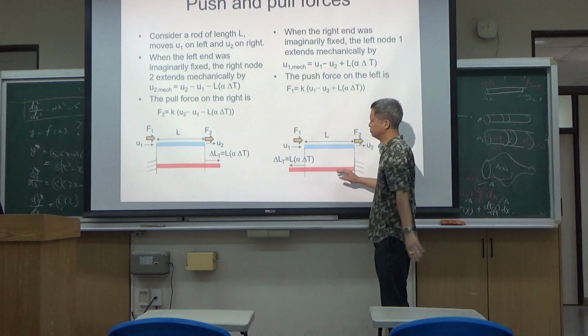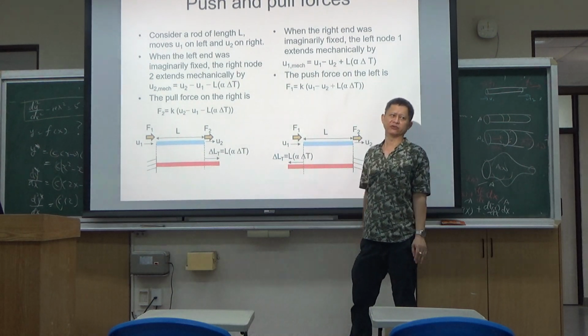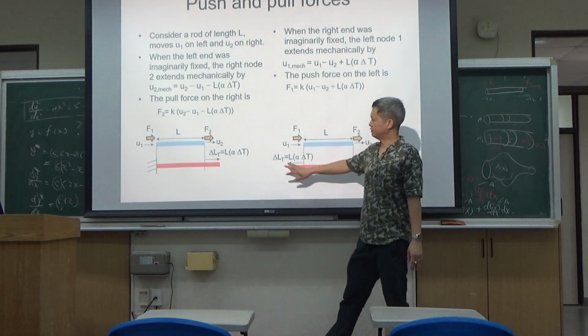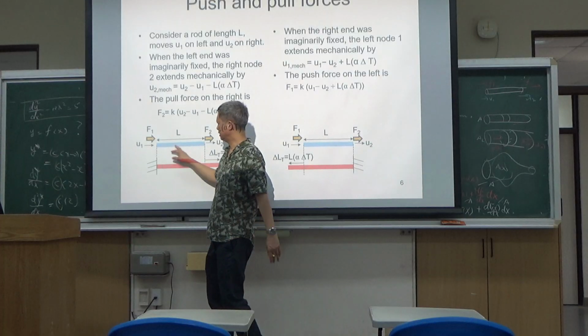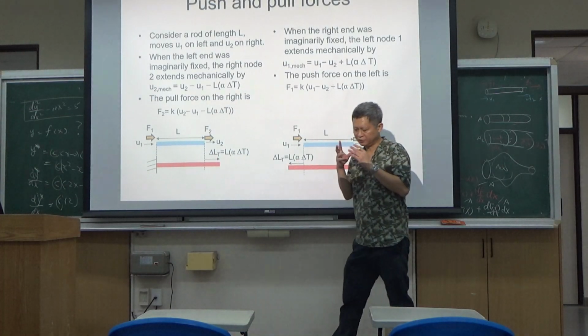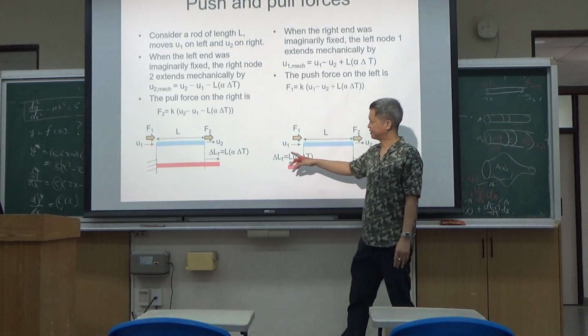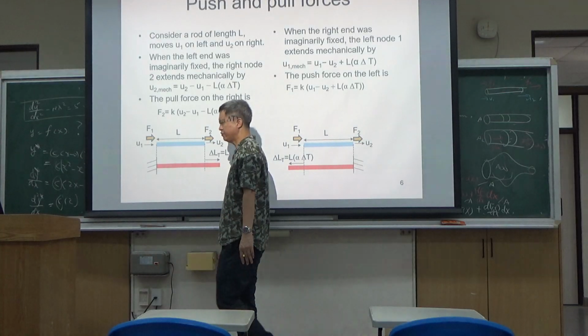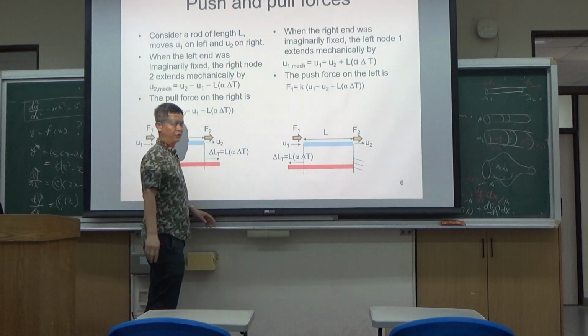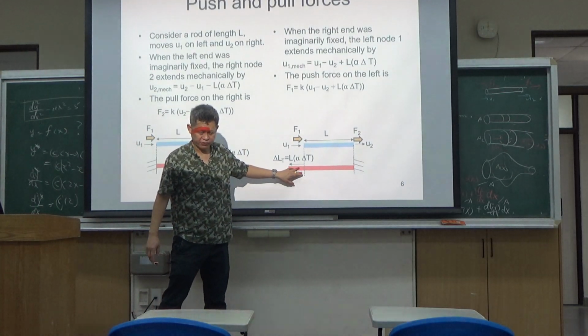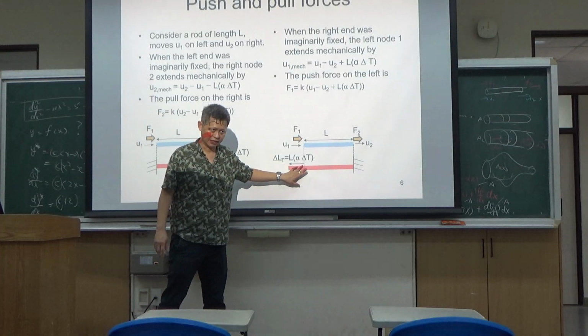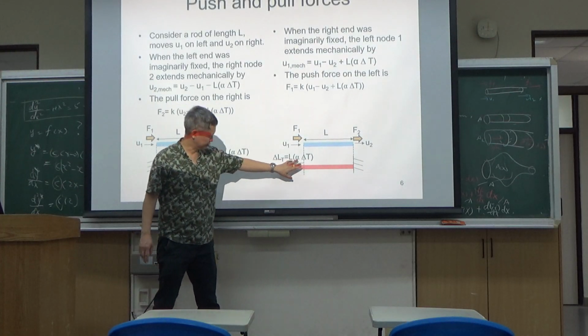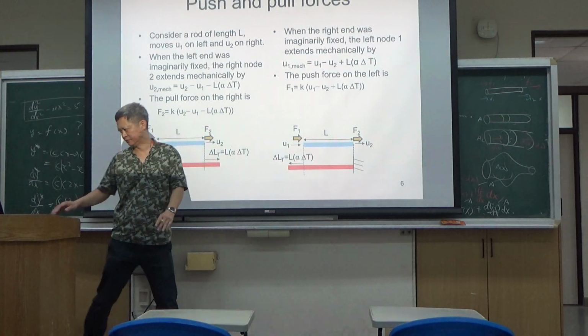That is equivalent to a left pulling force. So to describe the force acting on these elements to produce thermal expansions, you must have the right pulling force rightward. You must have the left pulling force leftward. So the left thermal pulling force is negative.